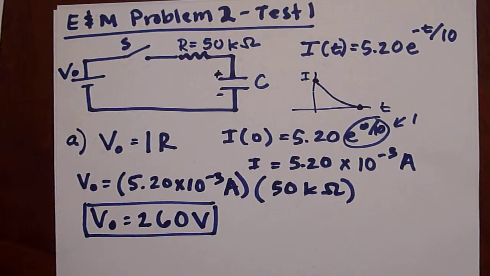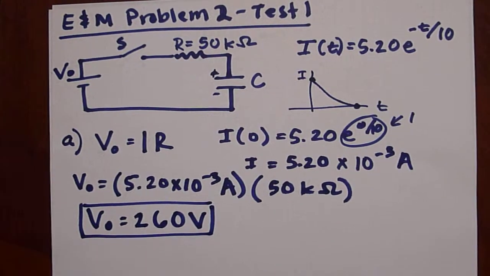For part B, they are asking us to determine the value of the capacitance as predicted by the function. There are a couple ways of doing this. I usually stick to a simpler way because the other way is using integration, and that can be a little messy.